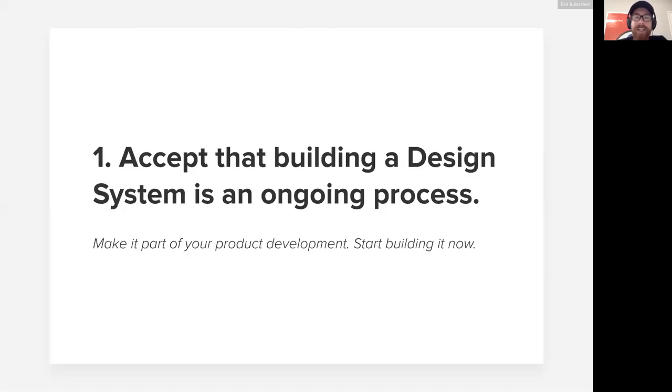So the first thing that we have to do is really accept that this task will never be done, because building a design system is an ongoing process, just as Nathan Curtis mentioned in his definition of a design system. So to really be successful at building a design system, we have to make it part of our product development process, and we have to start building it now.